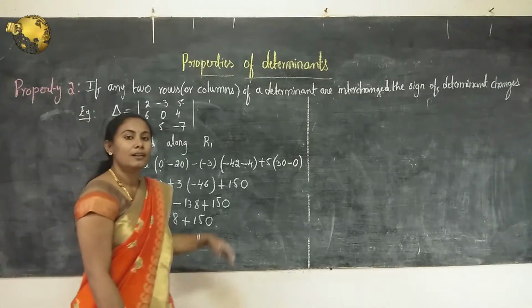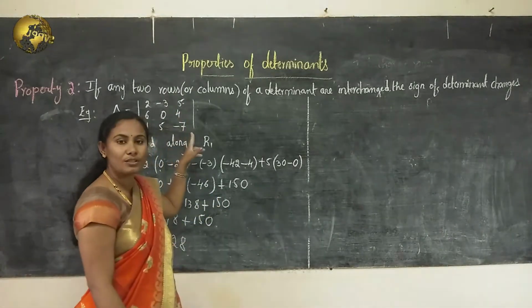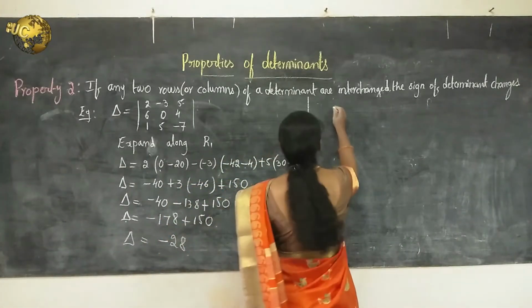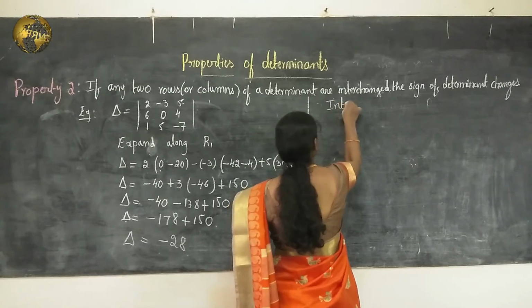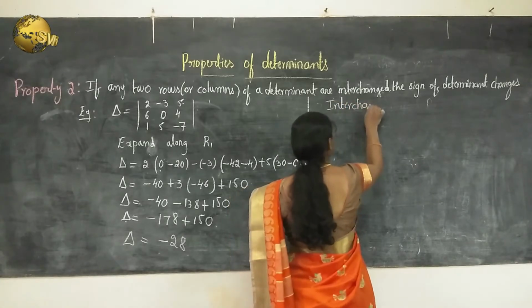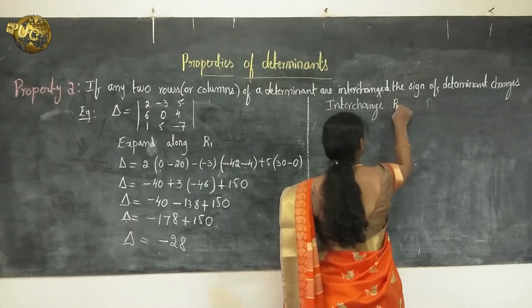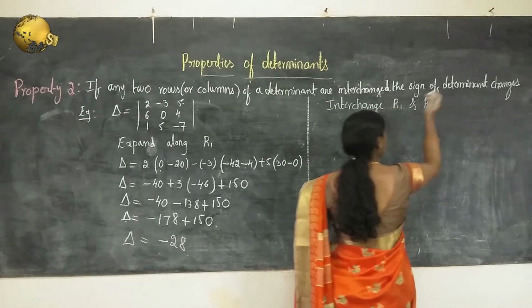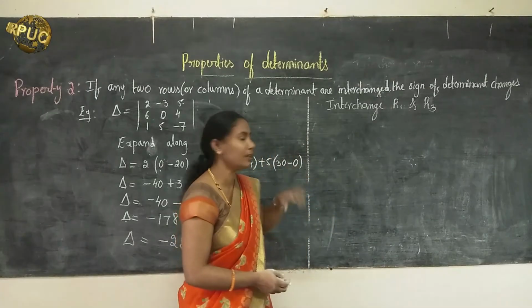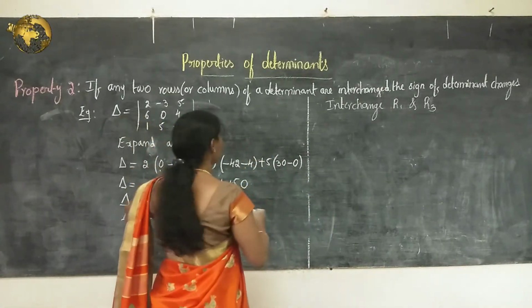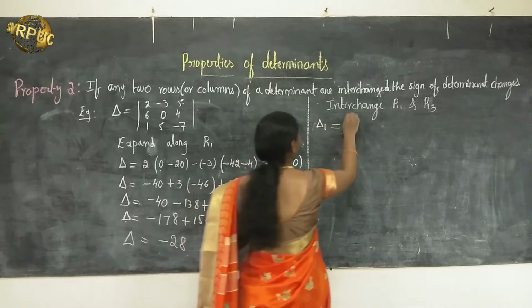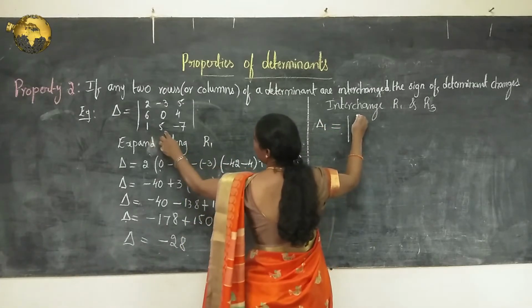Now let me change two rows. Let me see if the same answer will come. Okay. Interchange R1 and R2, R2 and R3, whatever it may be, any two rows we can change. So that is delta 1 is equal to 1, 5, minus 7.